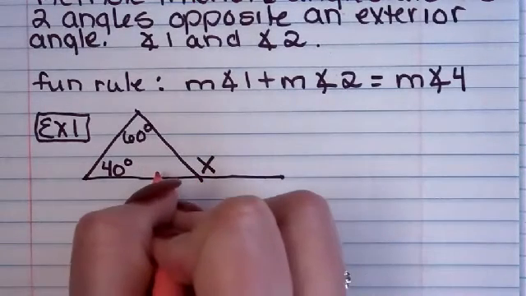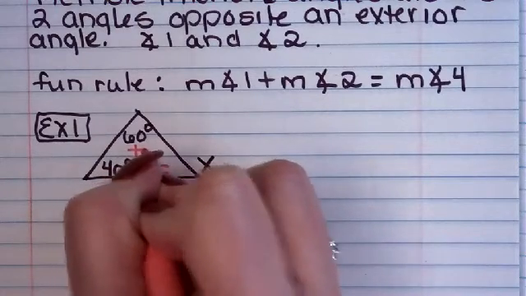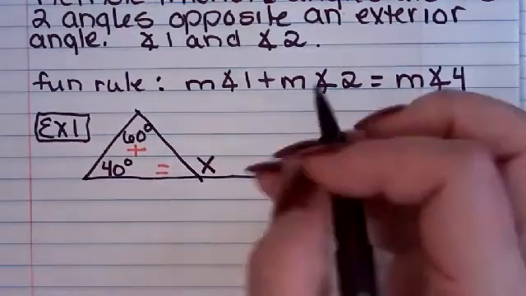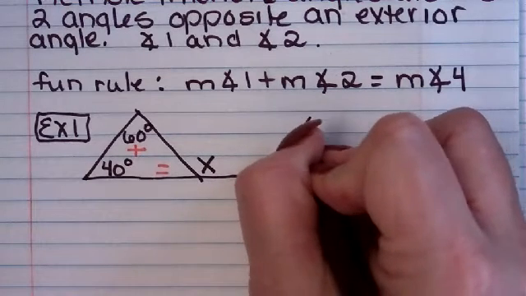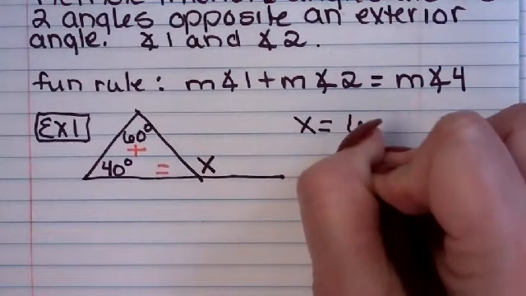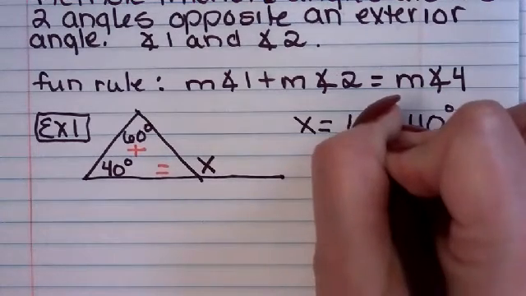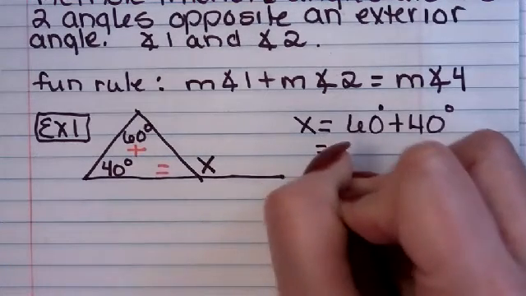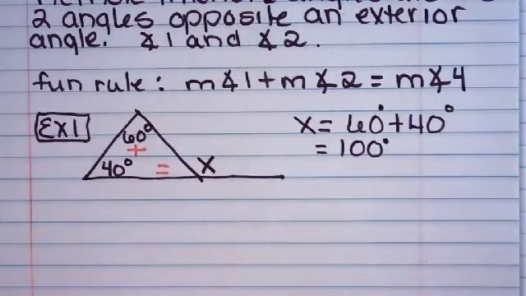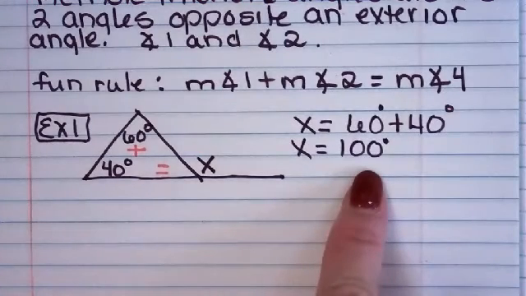Our exterior angle is equal to those two interior angles added together, right? So to show my work over here, I could say X is equal to 60 plus 40, and put my little degree symbols there. And that's going to equal 100 degrees. And there's my work, and there's my answer.